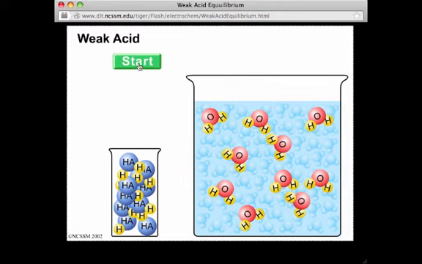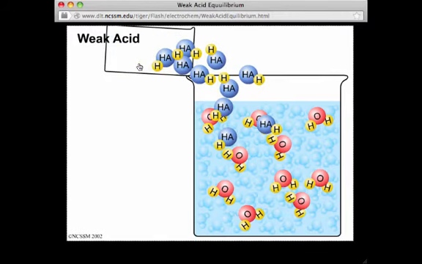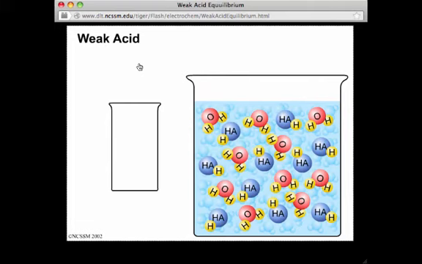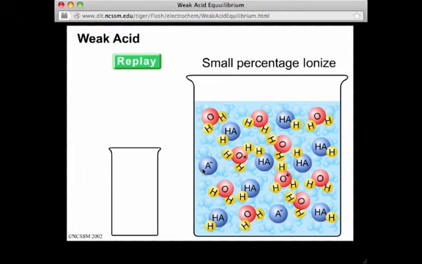So we're going to start it, pour all of the HA into the water, and what you see happen is only a couple of the hydrogens from the HA have moved onto the water, and we're left with many HA in the solution. So that's why we have an equilibrium situation where we have both products and reactants all in one beaker.